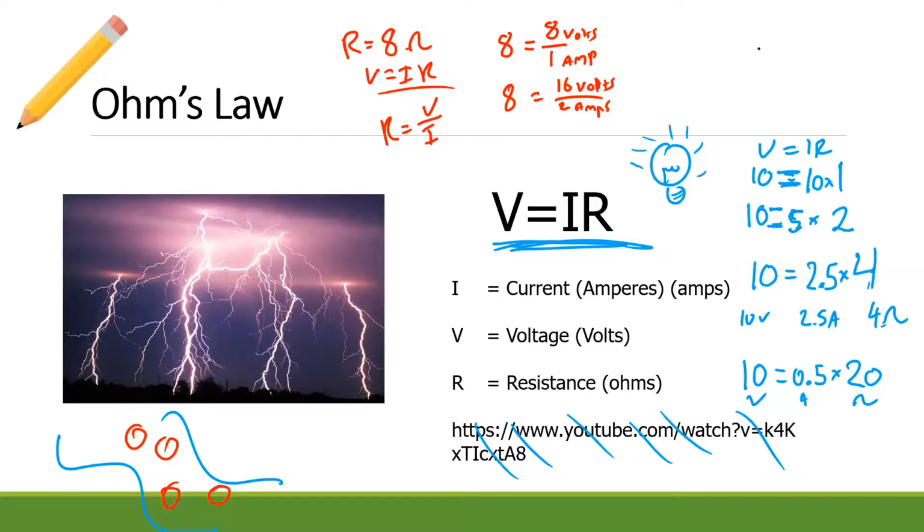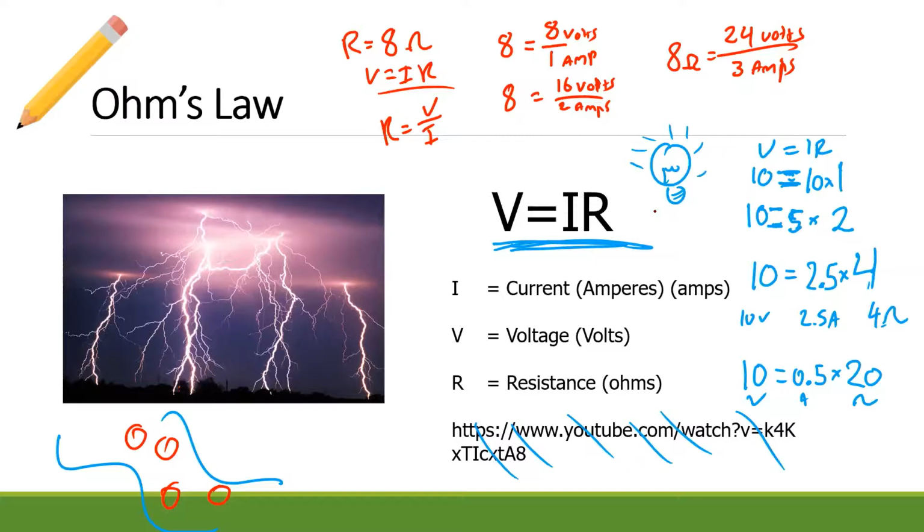Let's do one more. Let's go 8 volts, 8 ohms, sorry. And by the way, if you're going to draw the ohm symbol, you just sort of draw like a pimple looking thing. Let's go with 24 volts. We have 24 volts, then we're going to need 3 amps. It's going to push through with 3 amps. And again, this makes sense.